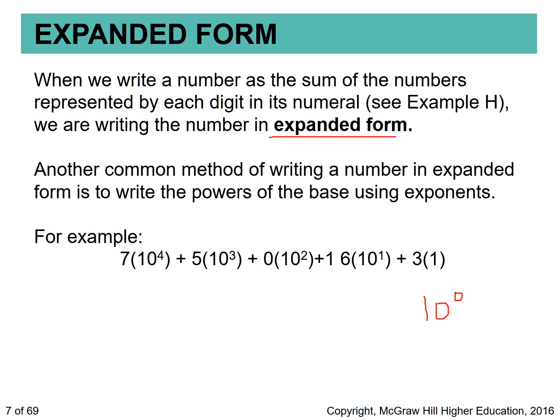Then we have 10 to the first power, which is 10. 10 squared, which is 100. 10 cubed, which is 1,000. And notice that's a 1 followed by 3 zeros. And then this would be 7 with 4 zeros, 70,000. So this is just a shorter way to write that using exponents.